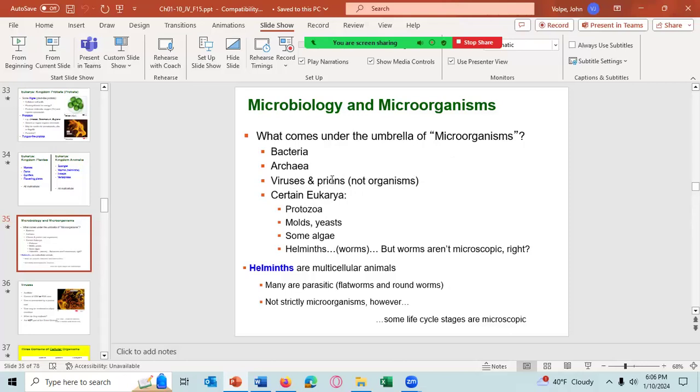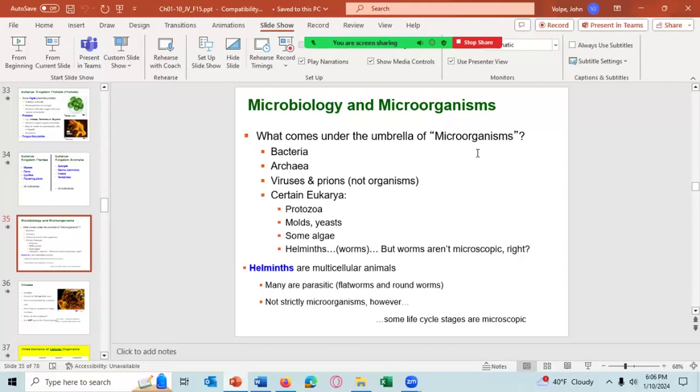So they're special. And then the helminths are sort of special too. And that's because we do consider them a microorganism, and at least some of them do cause human disease. But most worms aren't microscopic, right? So why are we calling them a microorganism?